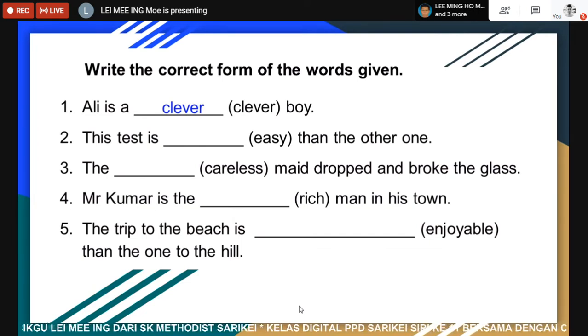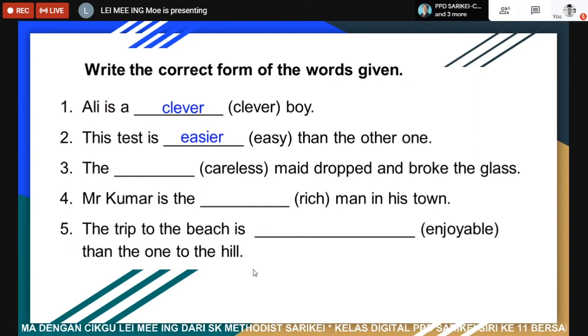Most of you typed easier. Yes, the answer is easier. Well done. So here you have then behind your blank, so it is a comparative form. Easy, the last letter is a Y. You drop the Y, you add IER, easier. Good.